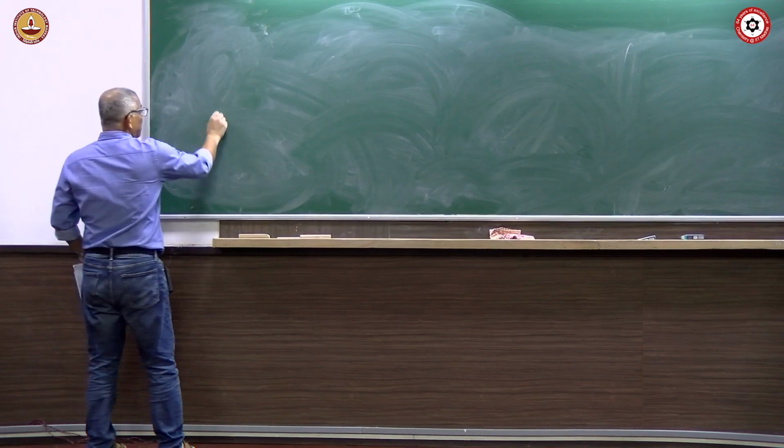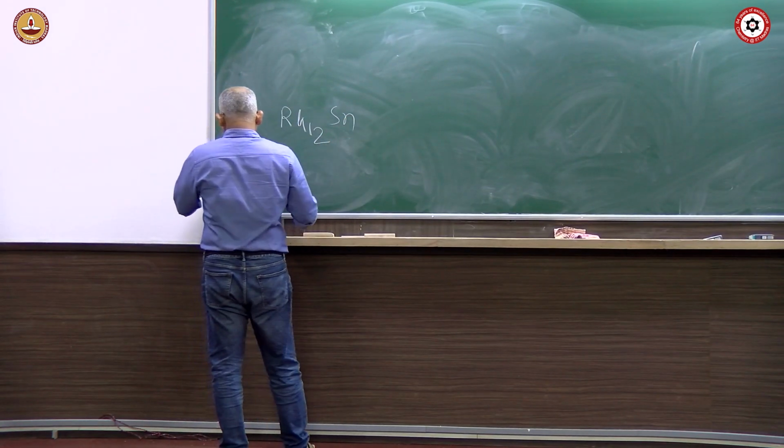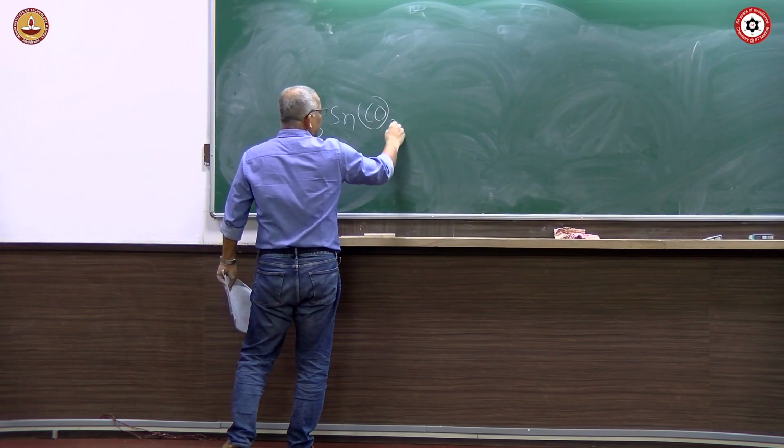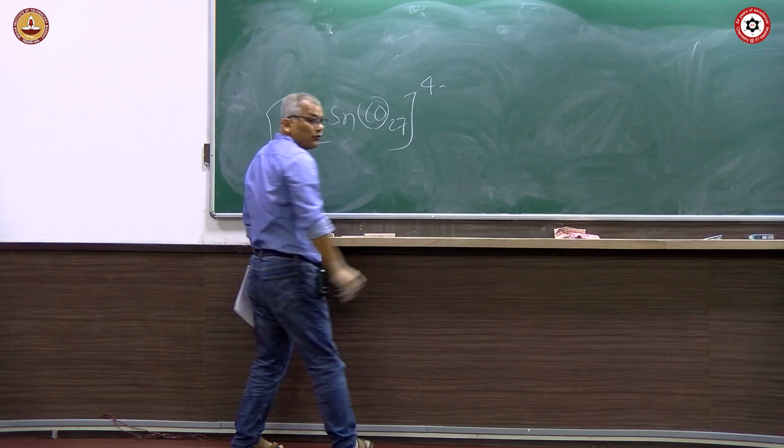Okay, if you take this example, rhodium 12, tin, CO 27, 4 minus. So I'll do it for you.